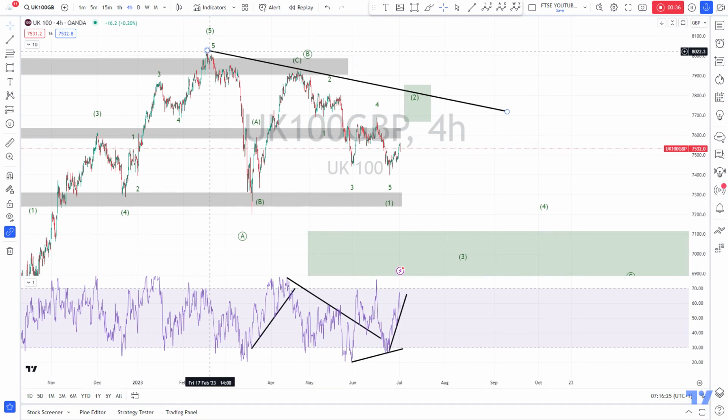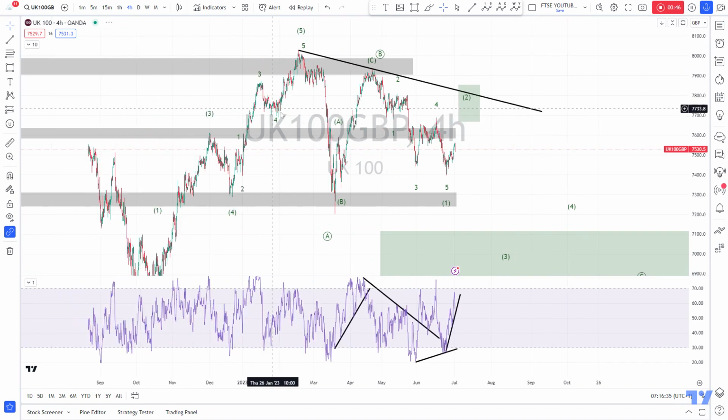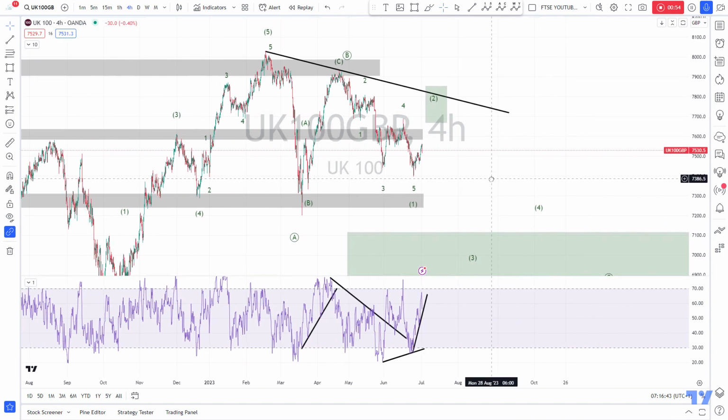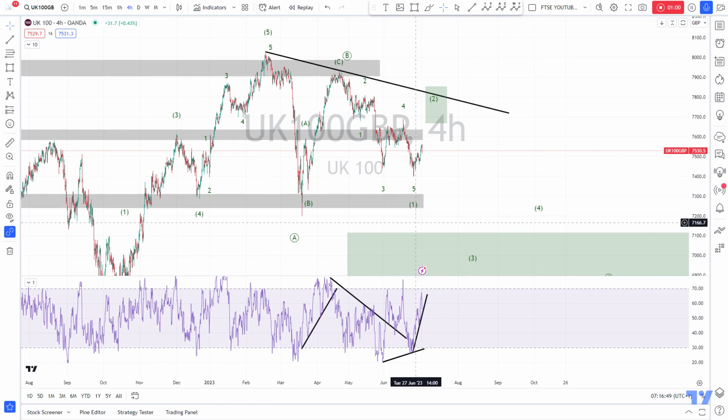For now, I only analyze the lower time frame, the 4 hour, the 1 hour, the 15-minute, to see which trades are possible. From this high, I believe we are coming down in an ABC. A, B, C, we should end into this area. For now, I believe we did a first impulse down as a wave one.